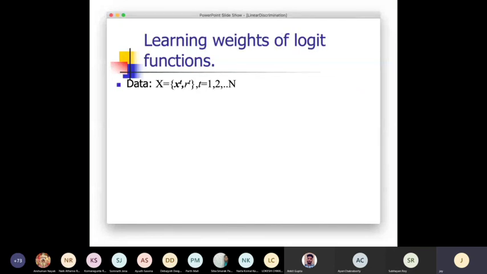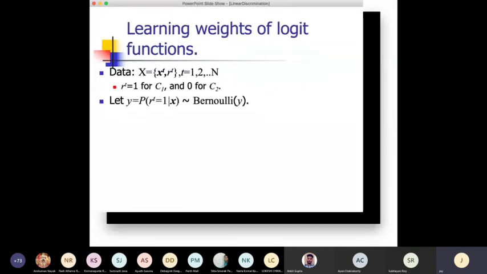So in this case, the problem is that now you have a set of labeled data. Once again, a two-class classification problem. Labels are given by this notation r, and you are trying to compute the posterior directly, and you are considering it a Bernoulli distribution. That means if y equals the probability of class 1 given x, then 1 minus y should be the probability of class 0 given x.